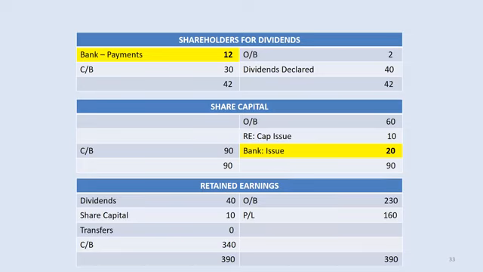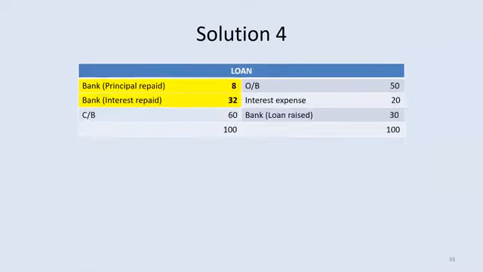Now our shareholders for dividends. We're looking more along the lines of our equity here on this side, looking at our shareholders for dividends, our share capital, and our retained earnings. So our shareholders for dividends, starting off with the opening balance and closing balance, taken directly from our statement of financial position.